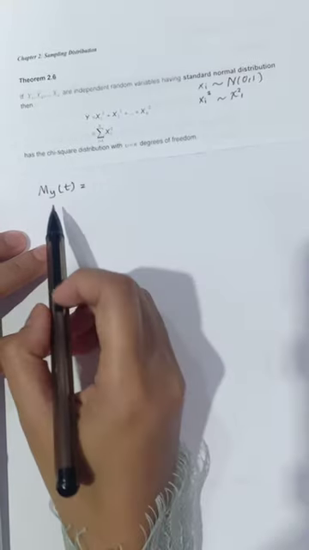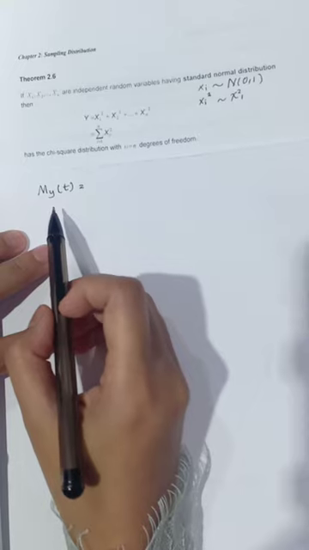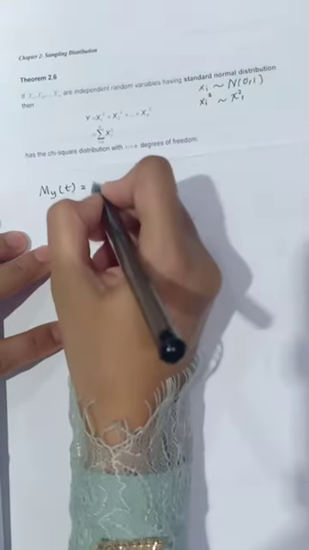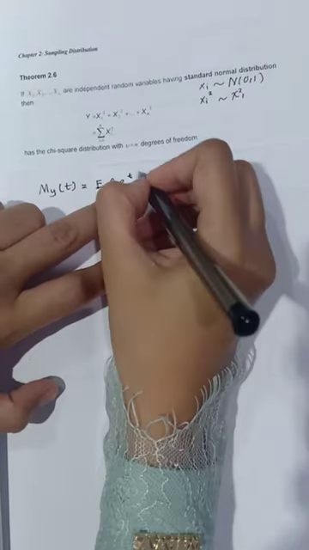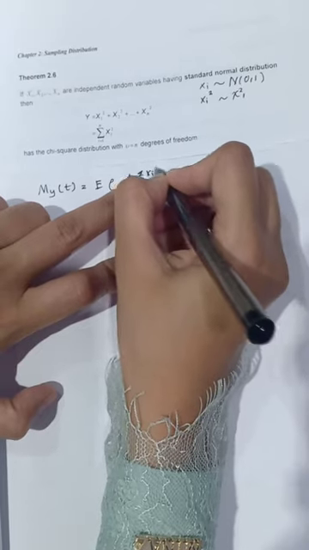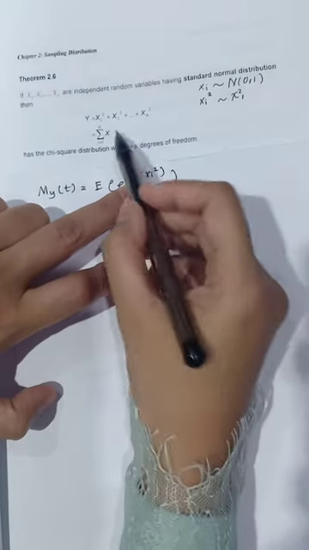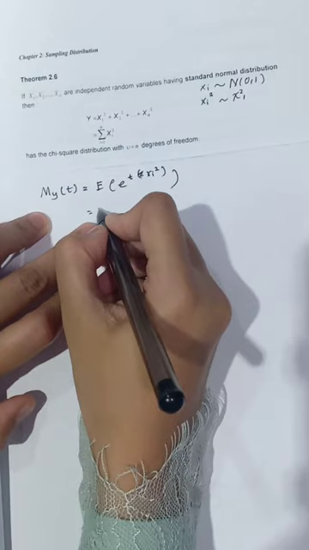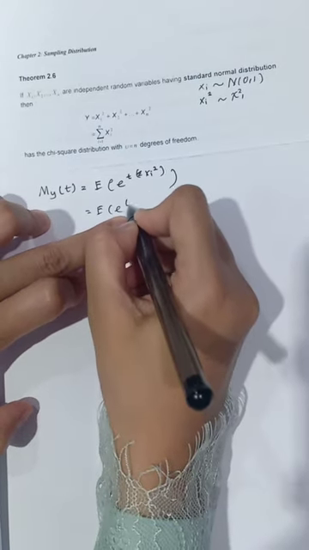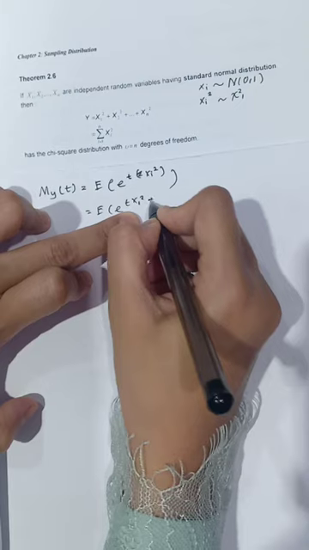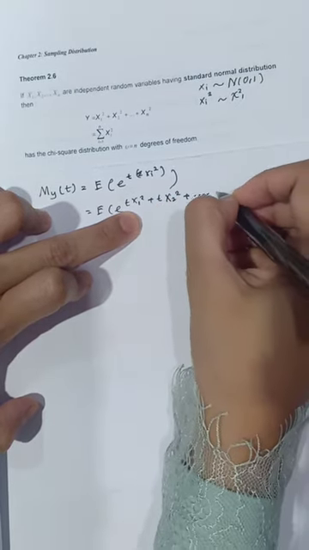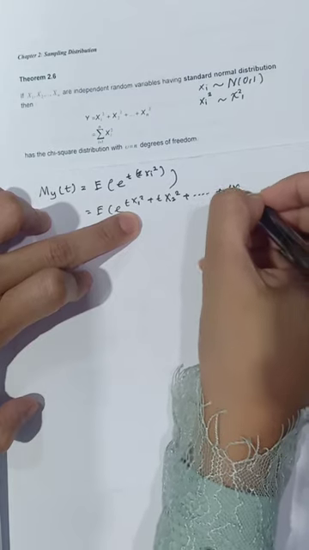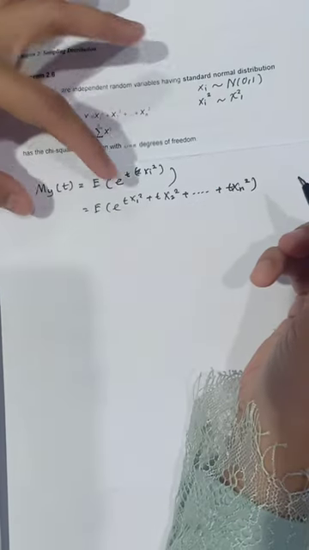Okay, so we will start with finding the MGF of Y. So it will be expected of e to the power tY. So Y is summation of Xi square, right here. So we can write it as expected of e to the power tX1 square plus tX2 square up to tXn square.